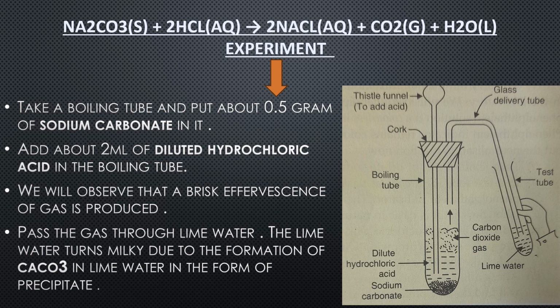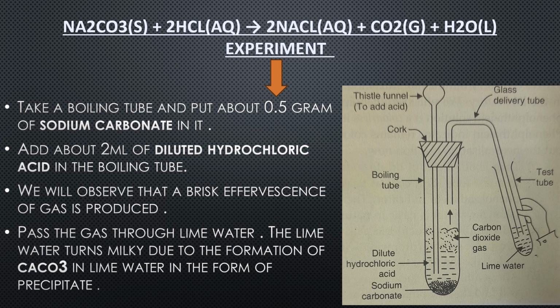It means inside the boiling tube there are two reactants: sodium carbonate and dilute hydrochloric acid. Now we will observe that a brisk effervescence of gas is produced. And if you pass this gas through lime water, the lime water turns milky due to the formation of calcium carbonate precipitate.